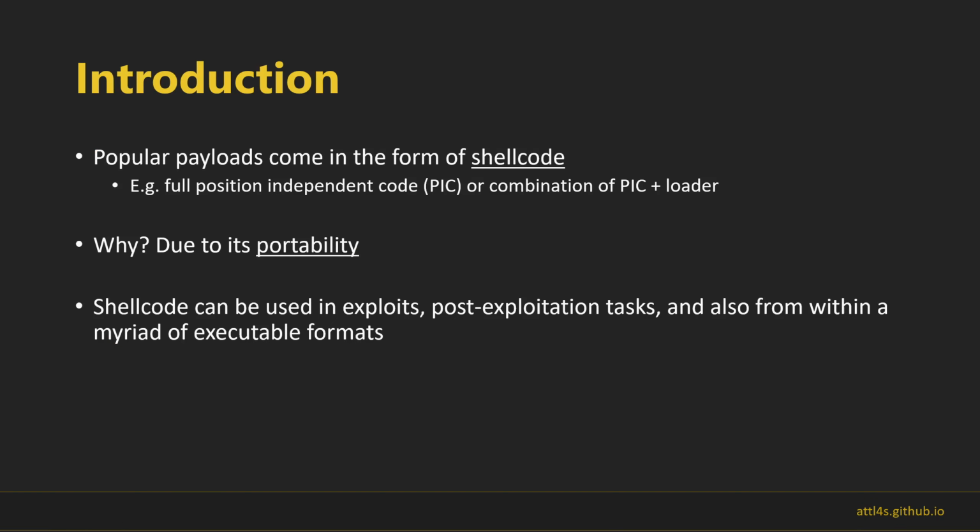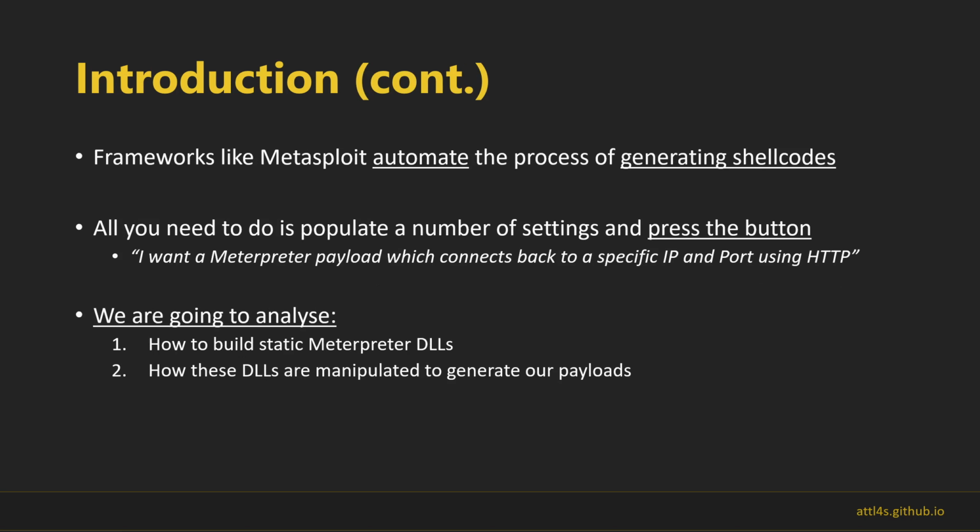So, popular frameworks like Metasploit use shellcode. This is fully position-independent code, or a combination of that plus other things. Why do they do that? Because of the flexibility of shellcode. You can use it within exploits, post-exploitation tasks, and you can execute it from within a lot of executable recipients.